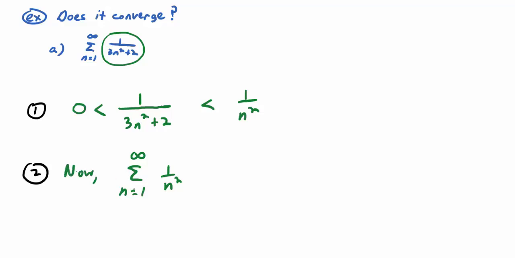The sum from n equals 1 to infinity of 1 over n squared does what? It better converge, because you're comparing the given 1 over 3n squared plus 2 to something bigger than it, which means it better converge. I'll say more about that in a second. So it converges. And what's your reasoning? Well, we didn't say it's a p-series yet.